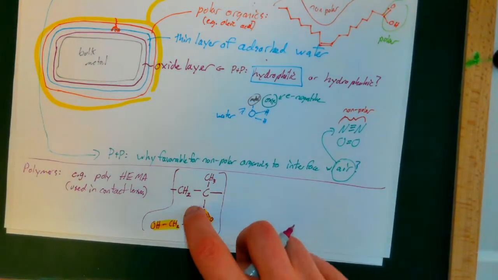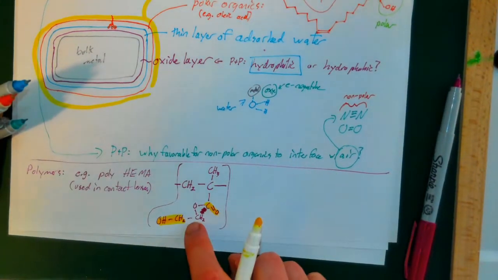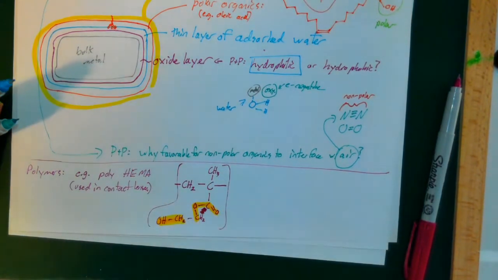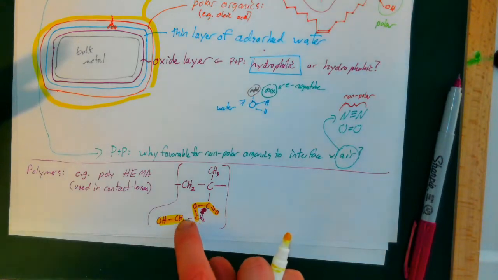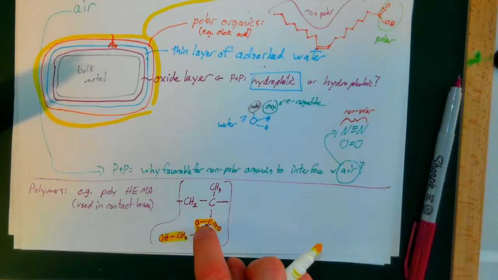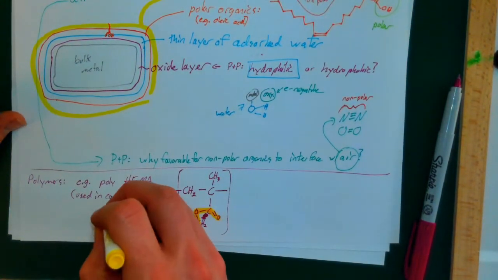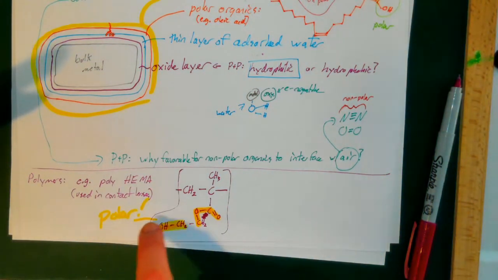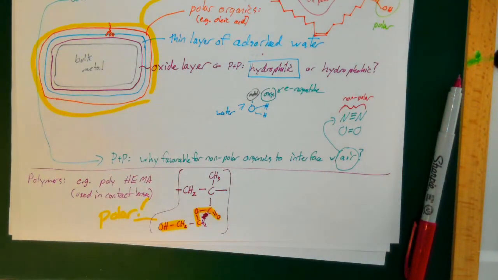Oh my goodness, mistake. So what's the key thing here? This O-C is also polar. There's a slightly non-polar bond right here, but almost this whole side group is nearly all polar. So this whole side group is pretty much polar, but the rest of this molecule up here is non-polar.